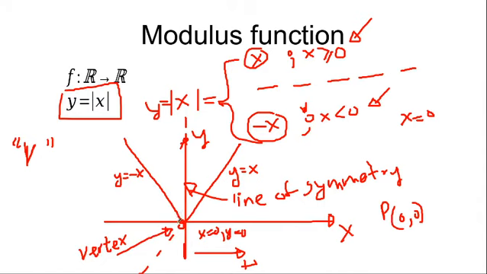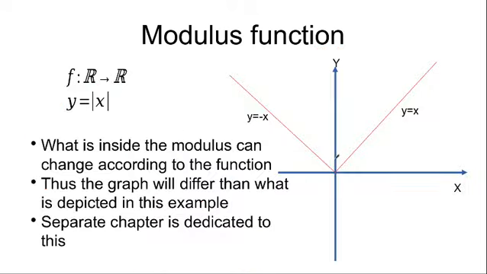But please keep in mind, depending on the function, the vertex can shift vertically upwards or downwards, right? And also it can shift horizontally left or right. So keep that in mind when you solve problems. Okay, we'll look at another example. So this is how the function y equals modulus of x looks like.